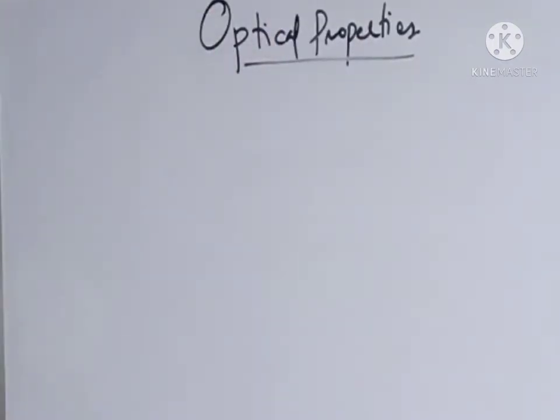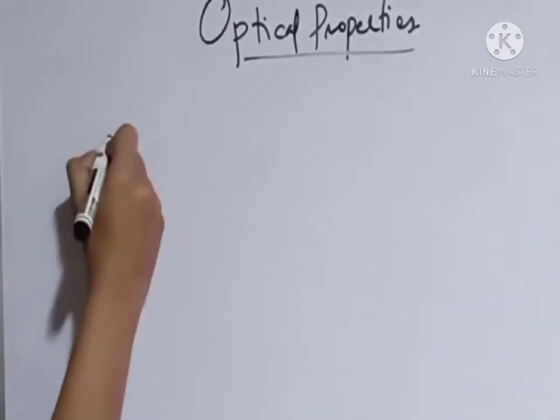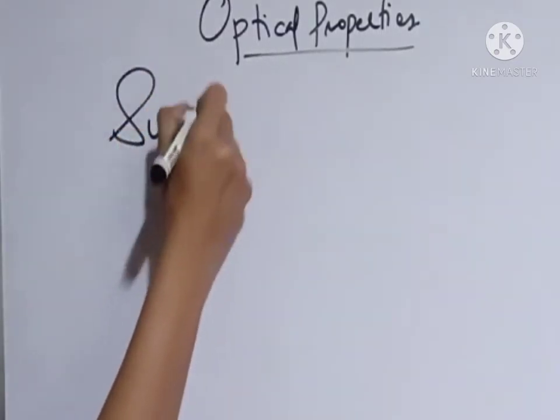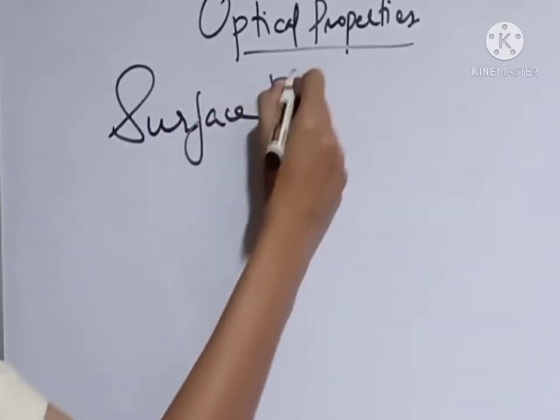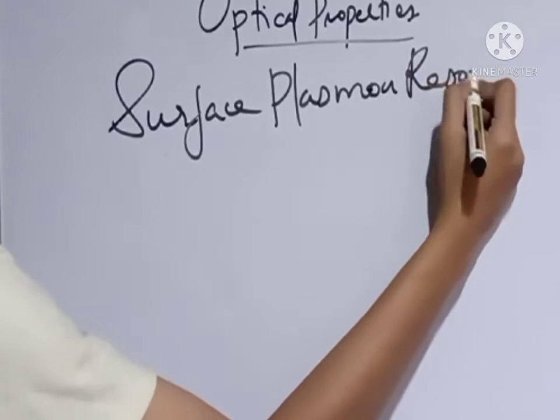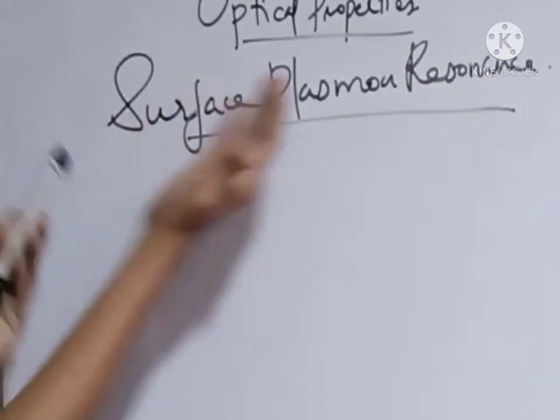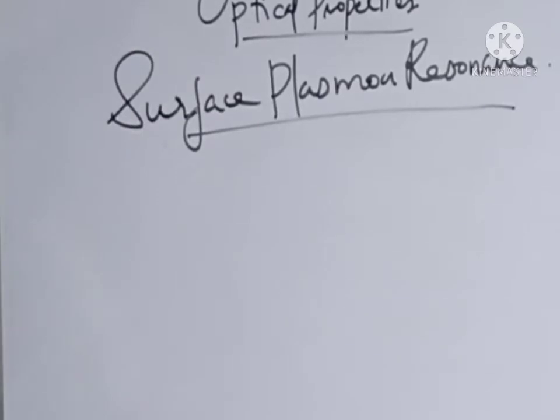Optical properties. One of the special optical properties shown by nanoparticles is surface plasmon resonance. What is the process of surface plasmon resonance?